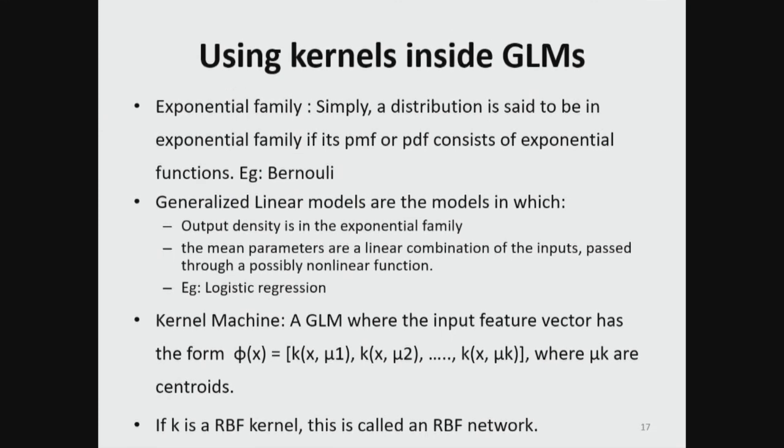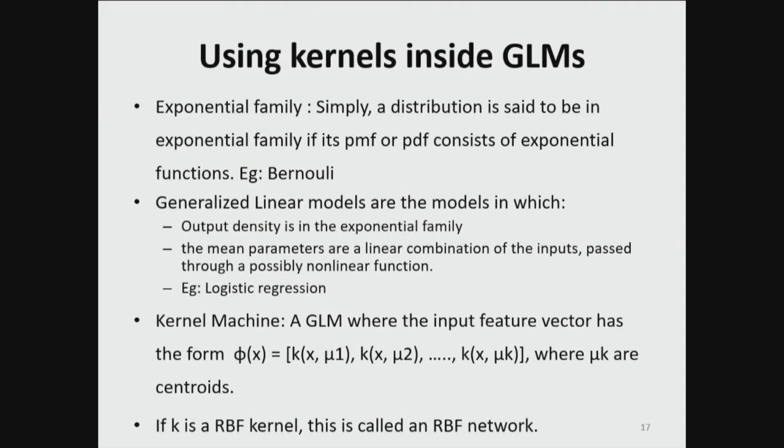All these PMFs or PDFs will have some exponential component as part of that. Any distribution whose PMF or PDF has some exponential component as part of it, then that distribution is said to belong to exponential family.